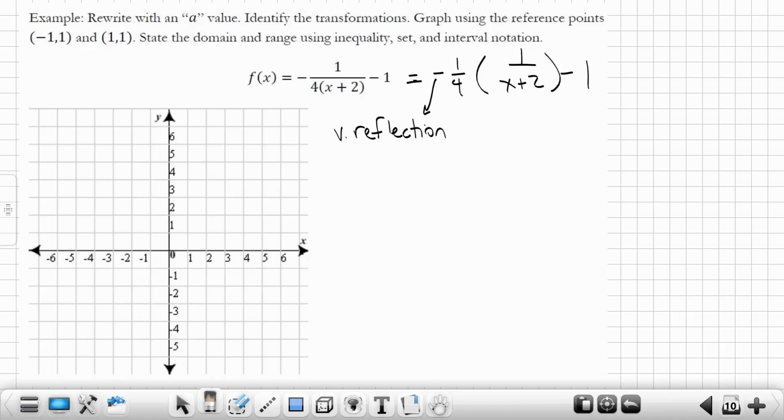What kind of compression? Vertical. Vertical compression by 1/4. This could have also been, if we could have left the 4 underneath, a horizontal stretch by 4. Exactly. It could have been written as a horizontal stretch by 4 if we wanted to, right?